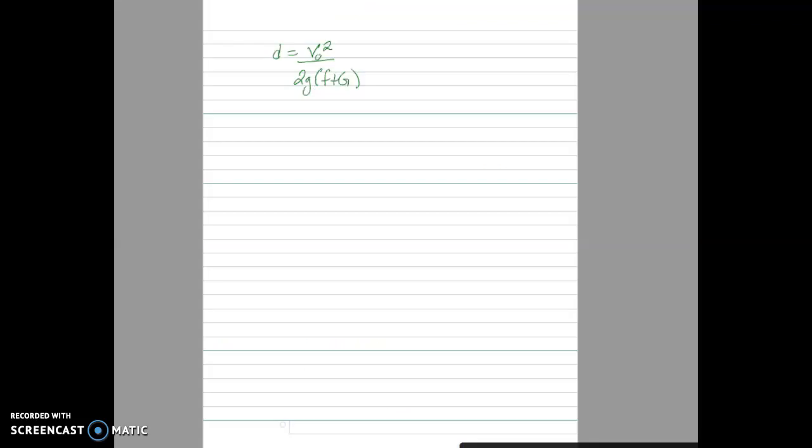Okay, so I have the formula here rewritten once again, so we can see how we would evaluate it. We're just simplifying the formula. We are not given a velocity, so we're leaving that as V naught squared. The lowercase g is the acceleration due to gravity. That's going to be 32.2 always for this lesson.